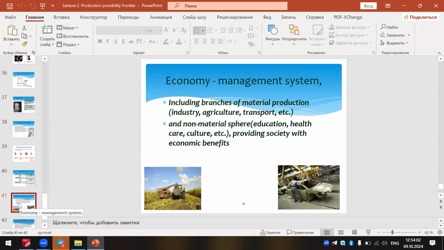Economy is also a management system. It includes branches of material production: industry, agriculture, transport. The non-material, or social, branches are education, healthcare, culture, etc., and they provide society with economic benefits.